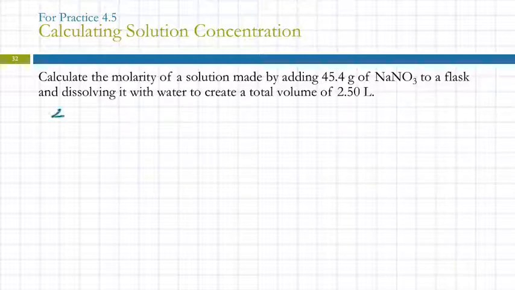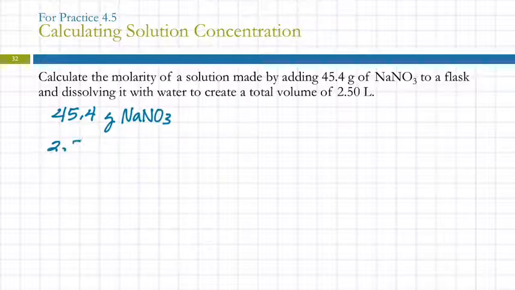So I've got 45.4 grams of sodium nitrate, and I've got 2.50 liters. It can just be helpful to pull the numbers out so you can get away from all the words. So that's what I'm starting with. What am I trying to calculate? Molarity, right? Calculate the molarity.